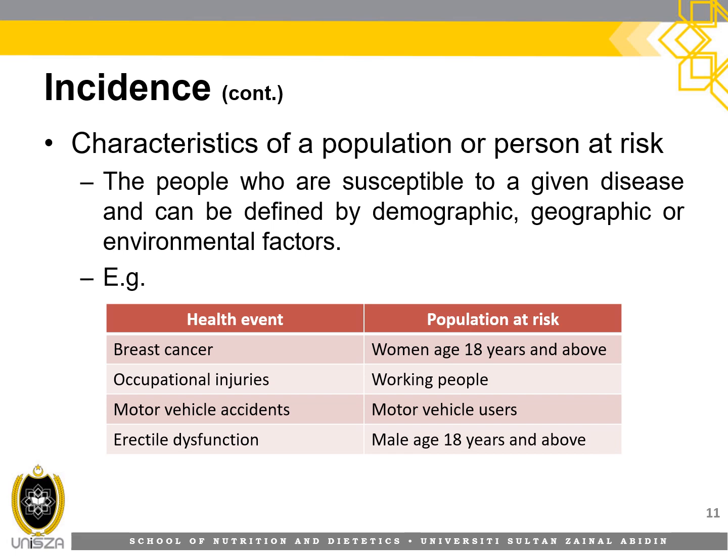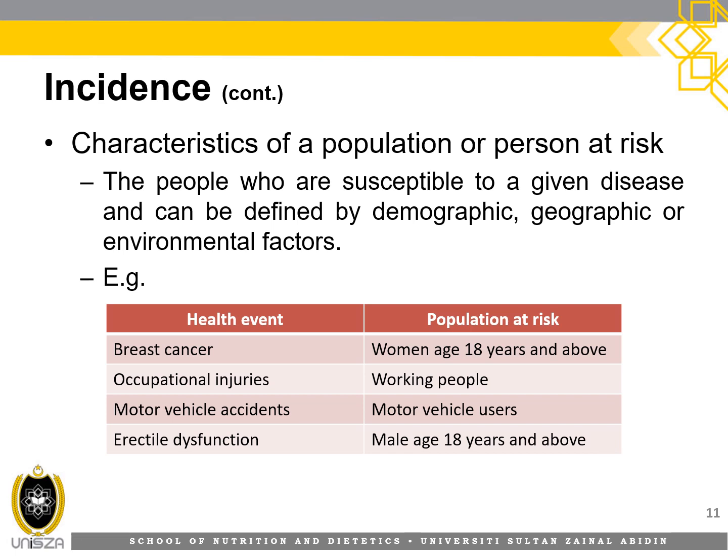People who are susceptible to a given disease, and can be defined by demographic, geographic, or environmental factors, are considered the population or person at risk. An example of a population at risk: in a health event of breast cancer, the population at risk is women aged 18 years and above.